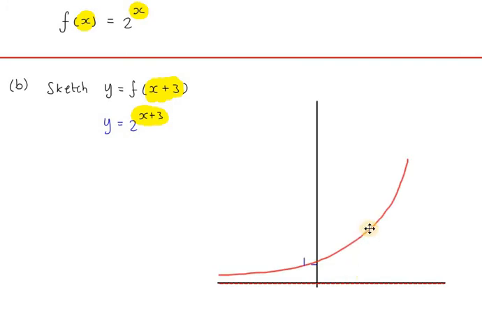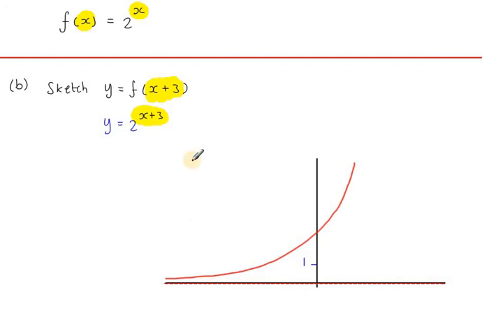So the 2 to the power of x graph, I'm going to move to the left by 3 units. So the graph should look something like this. When x equals 0, y is equal to 2 to the power of 0 plus 3, which is 2 to the power of 3, which is 8. So this time the y-intercept will be 8.